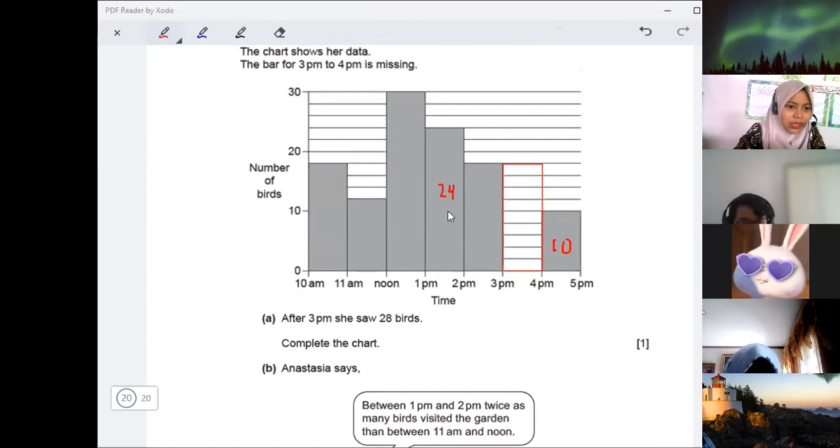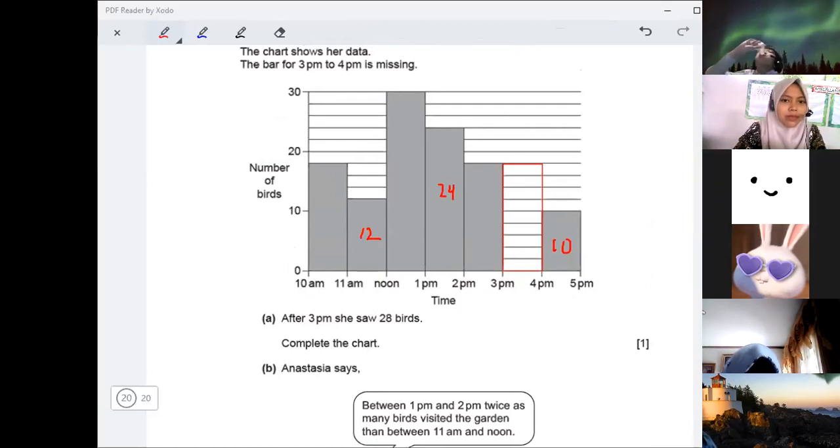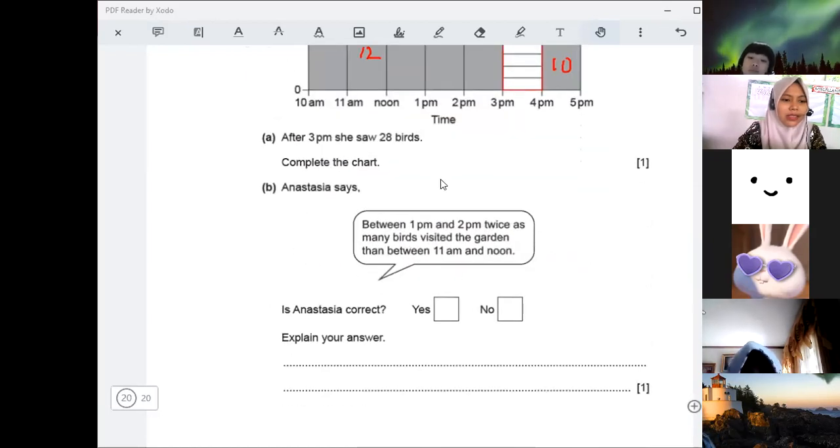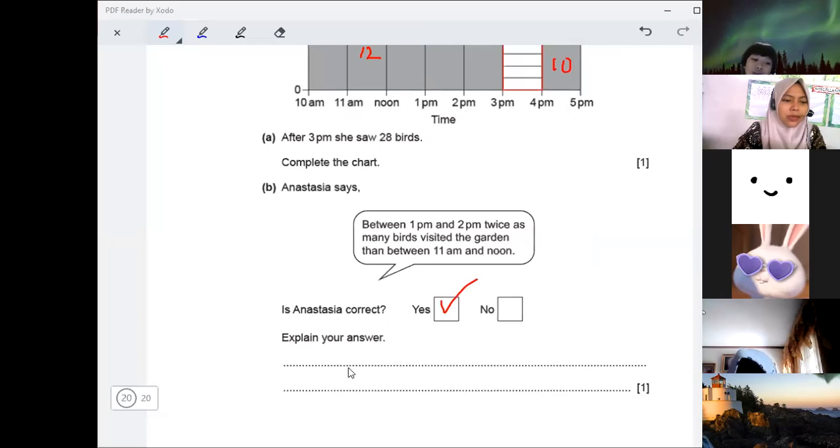This one? Itu sih 1000 ya, Miss. Which one, Icat? Is it twice, class? Yes. Explain your answer. Please explain. You need to explain too.